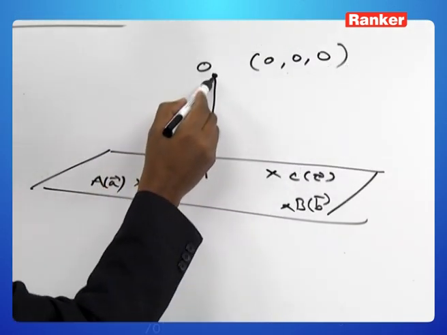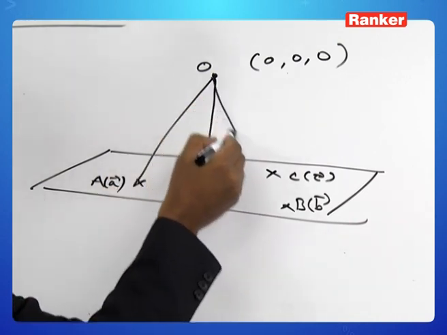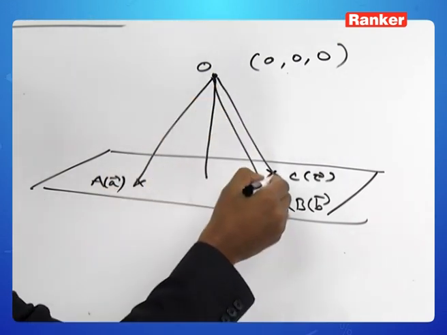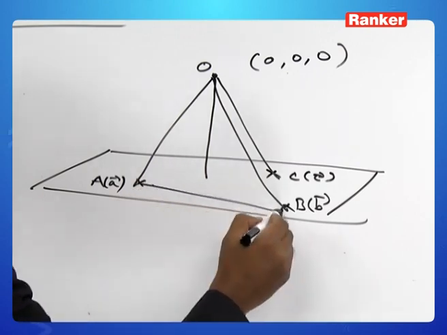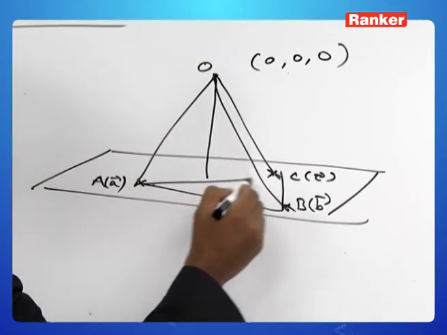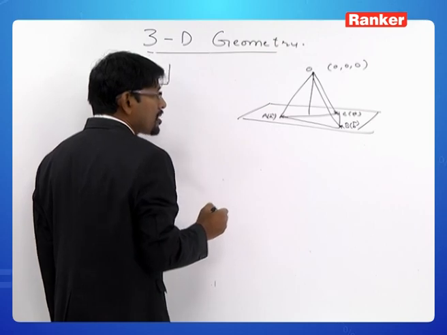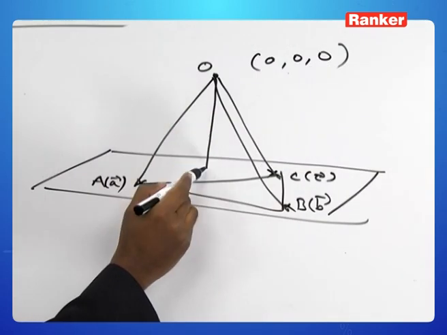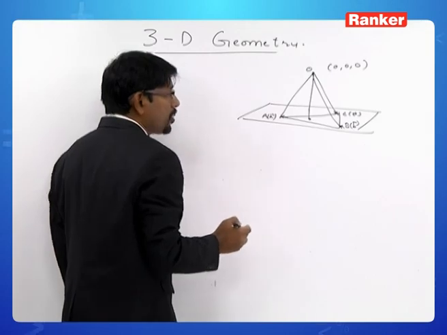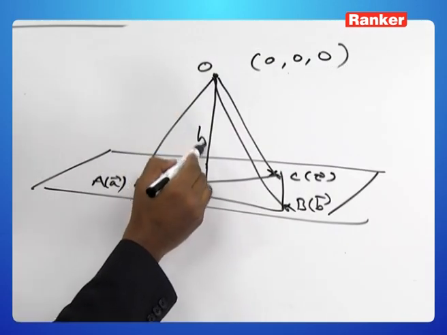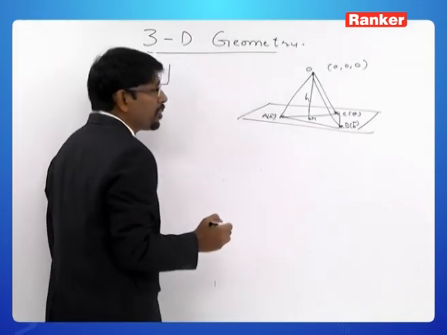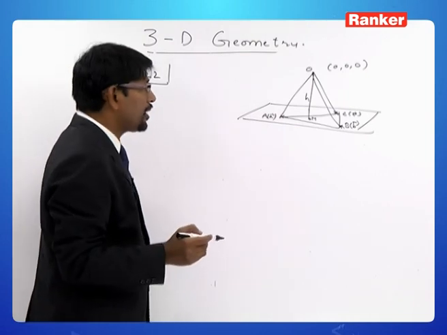From O we can join up A, B, and C. We get the tetrahedron OABC. Now the altitude of this tetrahedron is what you want. Let's call the foot M. M is the foot of the perpendicular from origin to the plane containing ABC.